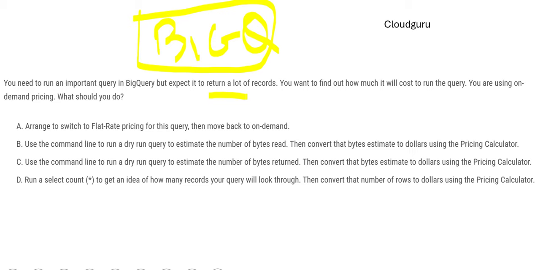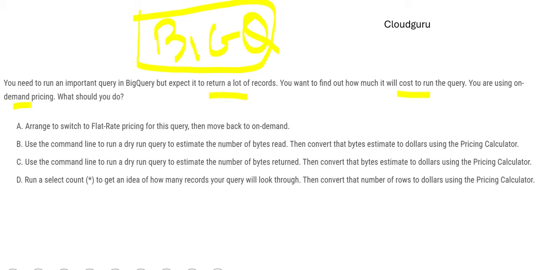So you want to find out how much it will cost to run the query. Because on a cloud platform, every query will attract a cost. It is OPEX. If you are mindlessly executing queries, the cost may go very high. You are using on-demand pricing.